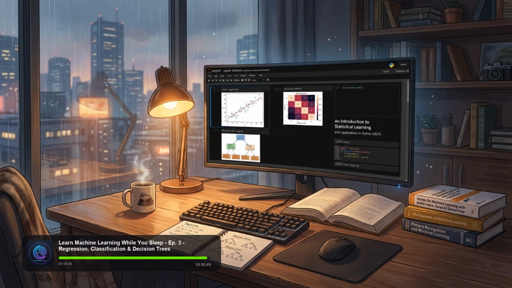A PSI value below 0.1 indicates stable data distributions. A PSI between 0.1 and 0.25 signals moderate drift requiring monitoring. A PSI value exceeding 0.25 signals severe data drift, triggering automated alerts that notify engineers to inspect incoming data pipelines.